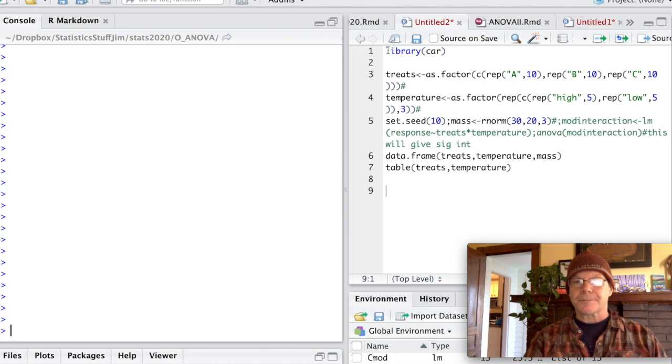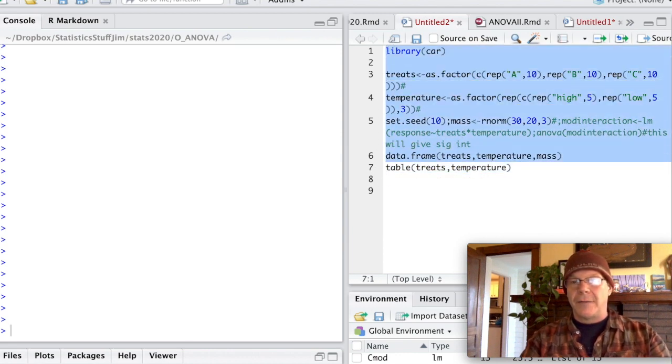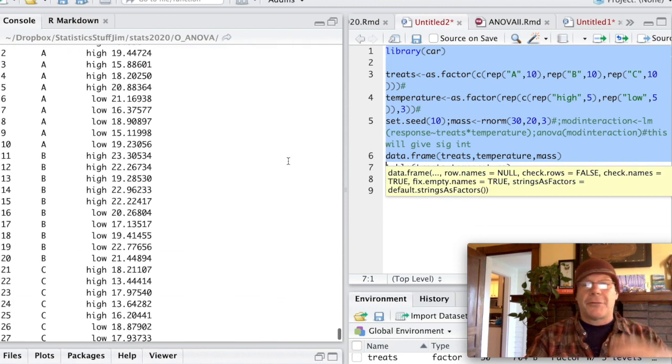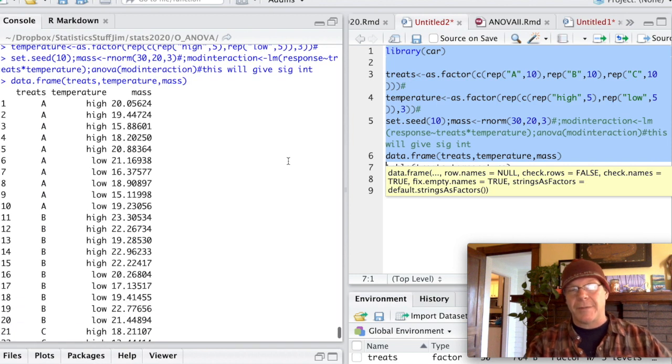I'm going to make up some data here, and we are going to pretend that we have three different treatments. I'm calling them treats to be cute. Let's pretend that they're diet items. We have two different temperatures, high temperature and low temperature, and then we have the masses of the organisms that were being raised there.